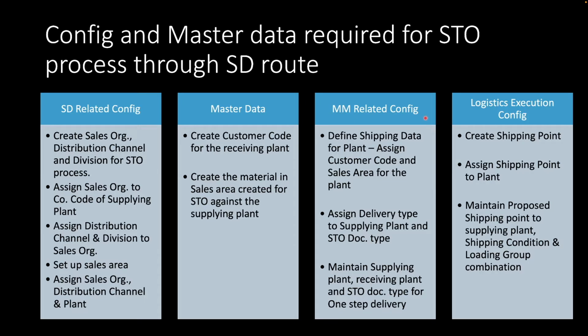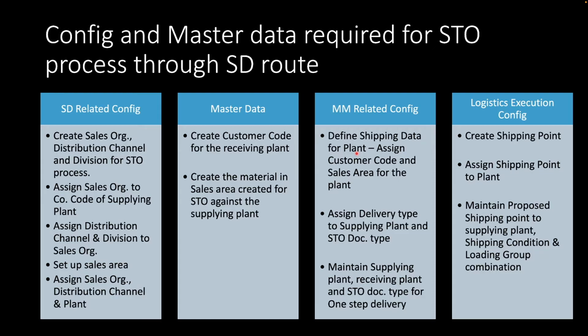So to do that, we will go to the related configuration, where we'll actually define the shipping data for plant. The shipping data means, let's say that a plant is behaving as a supplying plant. So what does it need? It needs a sales area: a sales organization, a distribution channel, and a division. Let's say that the same plant now behaves as a customer. That is, now the plant has become a receiving plant. Then what does it need?